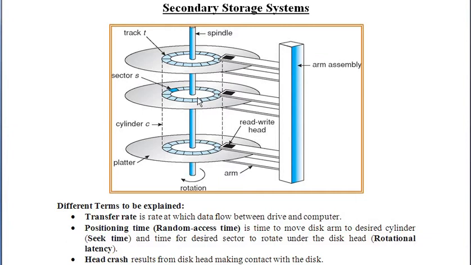That means they have been kept intact, and I have the read write head to help read the information from the platter or write the information, and there is an arm, then there is an arm assembly which will help us to access the information. Hope this diagram is clear to all of you.